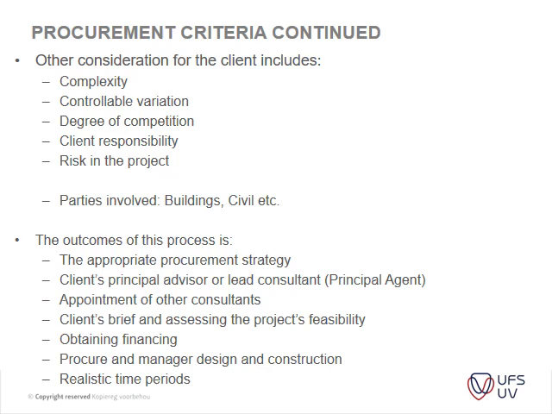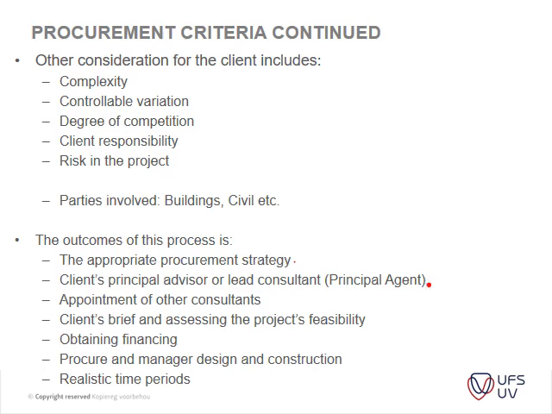Okay, so the outcomes of each process are the following. An appropriate procurement strategy has to be developed, and the client principal advisor or lead consultant is to advise him on this.